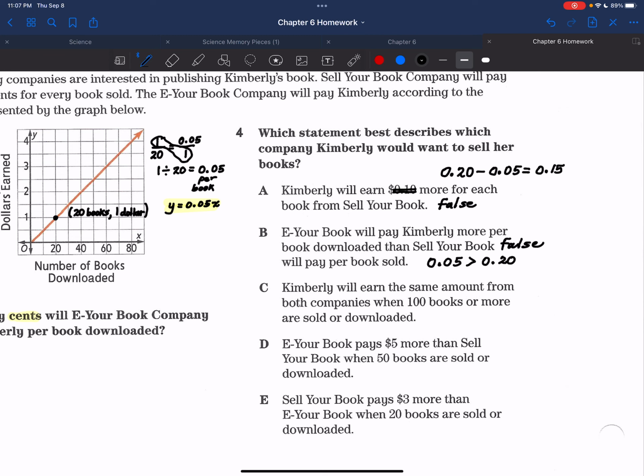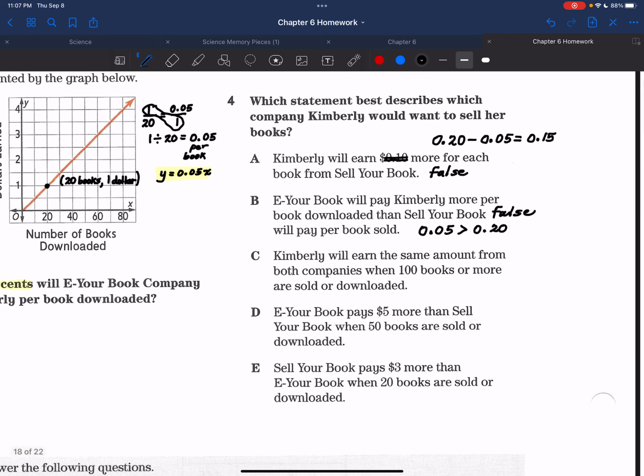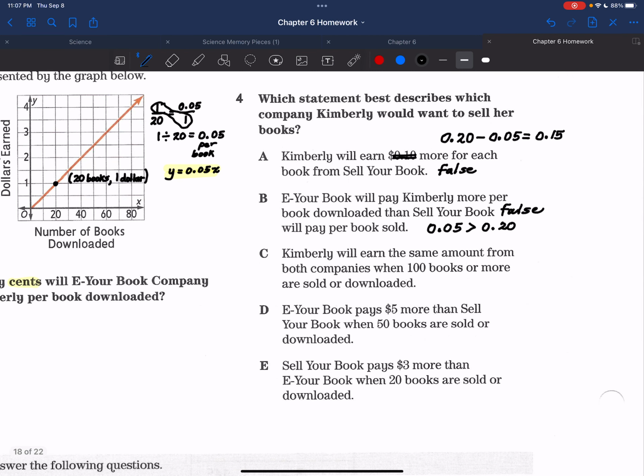Kimberly will earn the same amount from both companies when 100 books or more are sold or downloaded. Well, let's see. This is saying that 5 cents per 100 books is the same as 20 cents for 100 books.